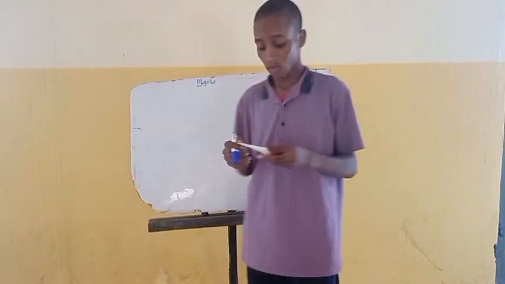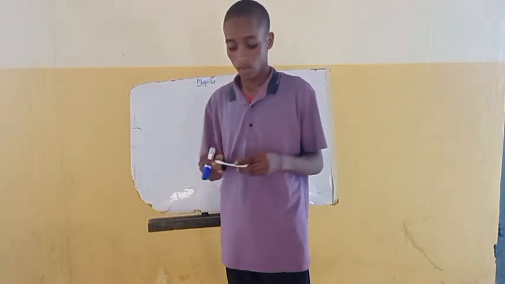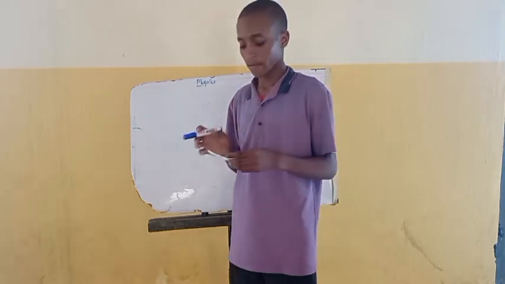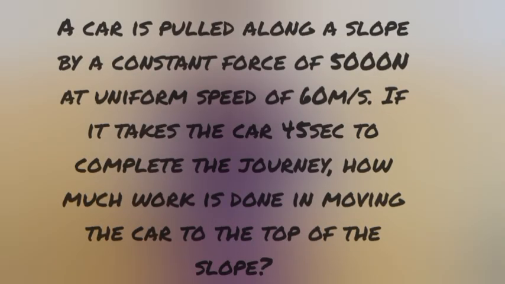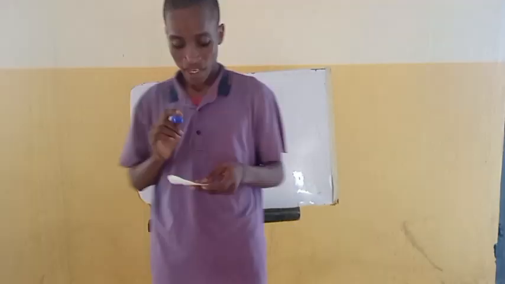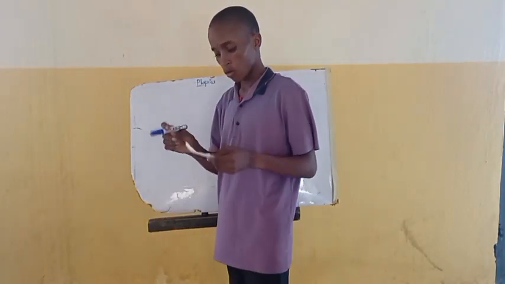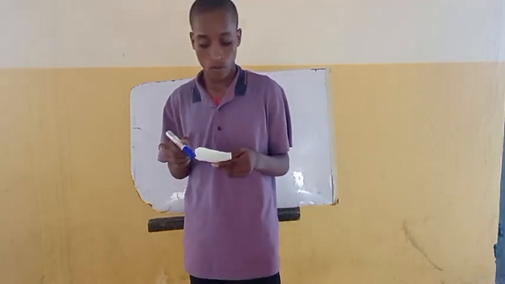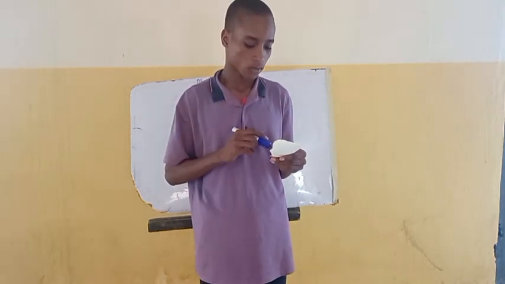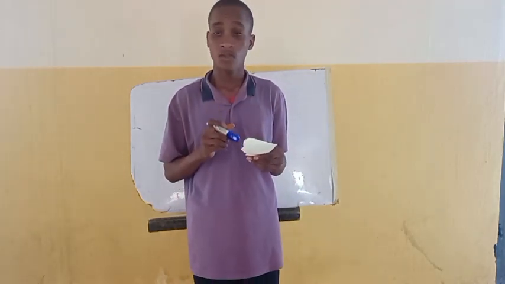Okay, these questions I'm writing down, please pardon me, I'm going to cast it on the screen after now. Now the question says a car is pulled along a slope by a constant force of 5,000 Newton.